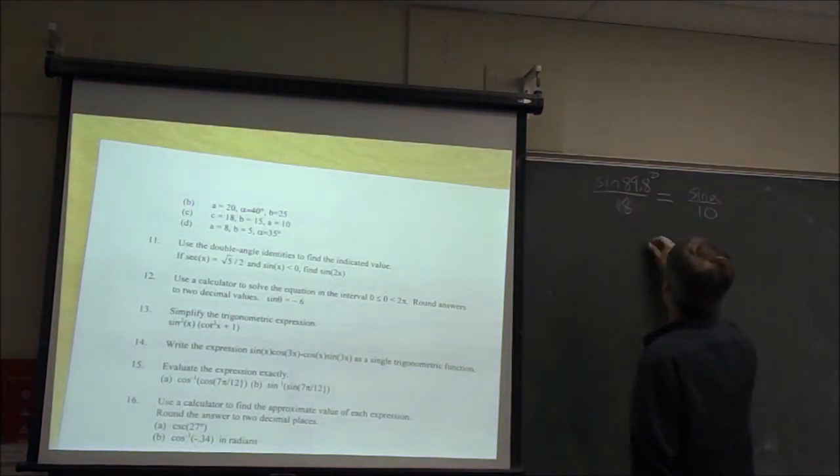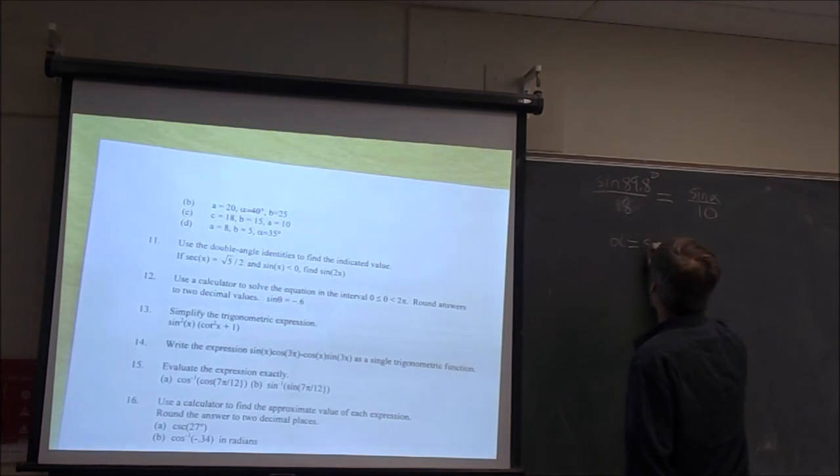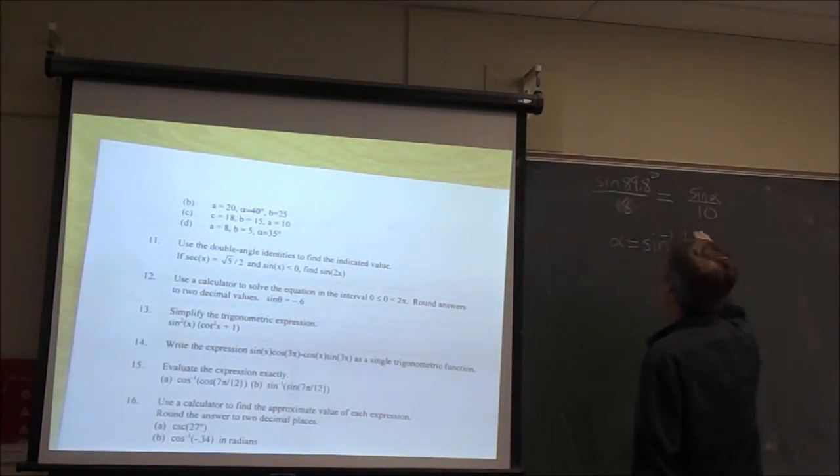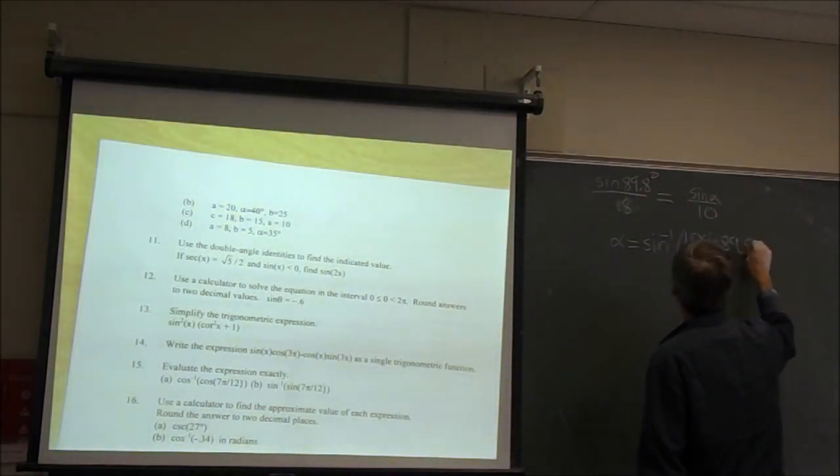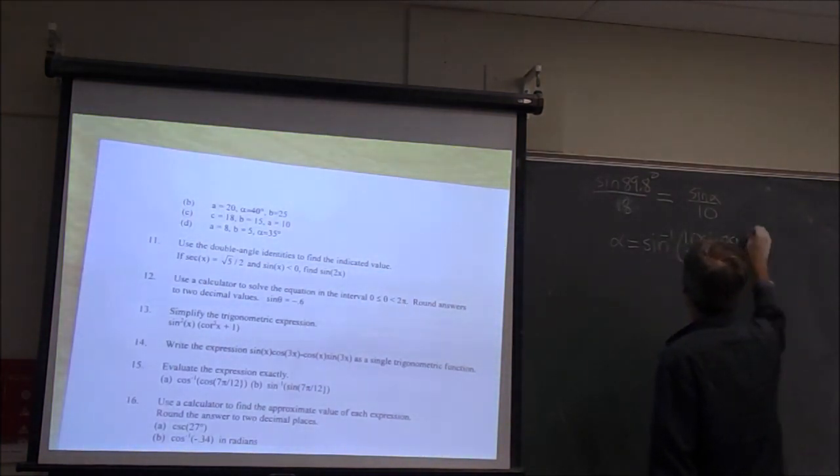So now alpha is the arc sine: multiply by 10 and take the arc sine. Alpha is the arc sine of 10 sine 89.8 over 18.